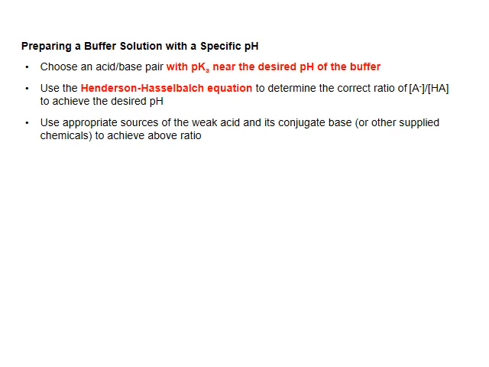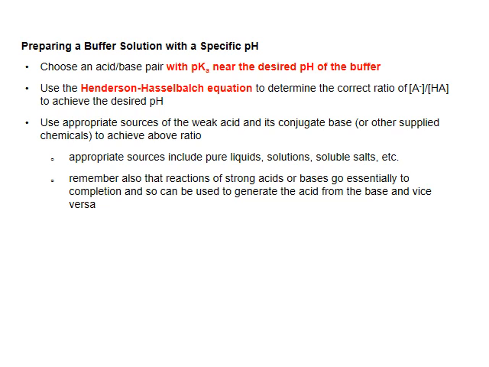To make our buffer, we'll use appropriate sources of the weak acid and its conjugate base in order to achieve the calculated ratio. Appropriate sources of these chemicals can include pure liquids, solutions of given concentration, soluble salts, etc.